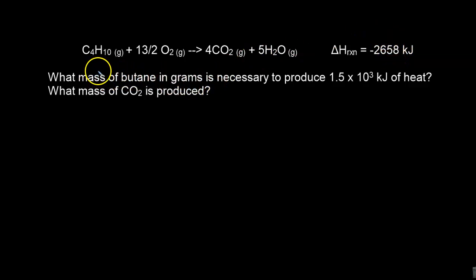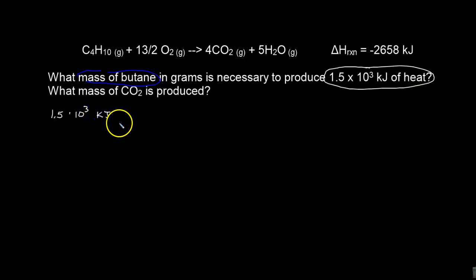So let's go ahead and look again at what we're looking for, which in this case is the mass of the butane. And we are given the amount of heat that we need to produce. So always start with your given. So in this case, the 1.5 times 10 to the third kilojoules of heat.